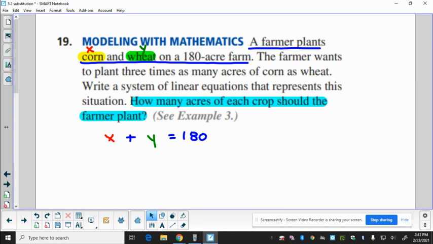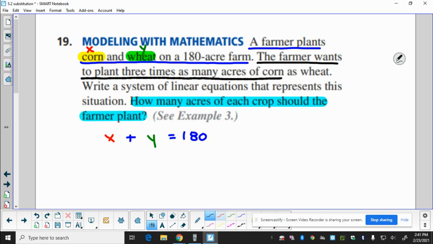All right, now the next sentence should give us some more information. The farmer wants to plant 3 times as many acres of corn as wheat. So what that means is I can see, first of all, I've got corn in here and wheat. That's X and Y, isn't it? So it says the farmer wants to plant 3 times as many acres of corn as there is wheat.